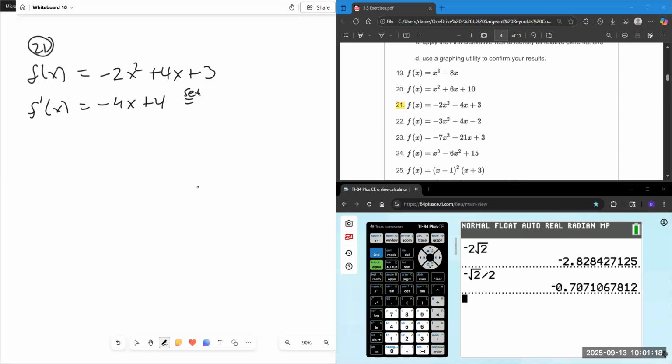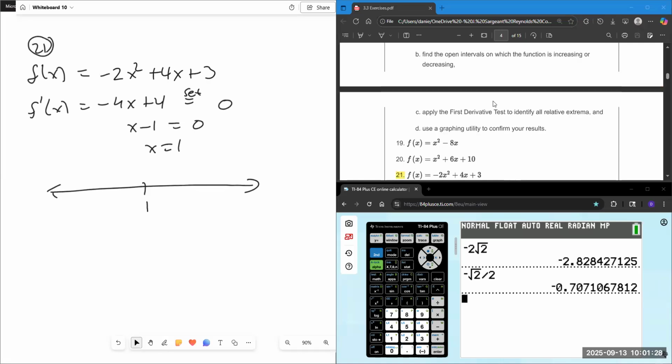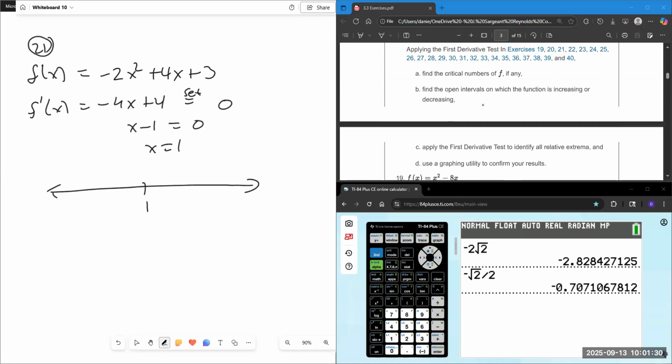We're going to set that equal to 0. x minus 1 equals 0. x equals 1. Let's put that on here. Here's 1. And we've got some instructions here that say find the critical numbers for part A, which we just did. Complete the first derivative test for intervals that are increasing and decreasing, which we're about to do.